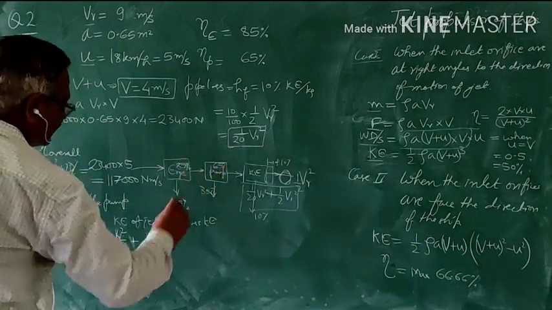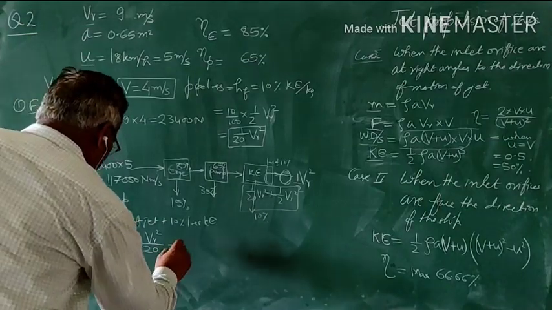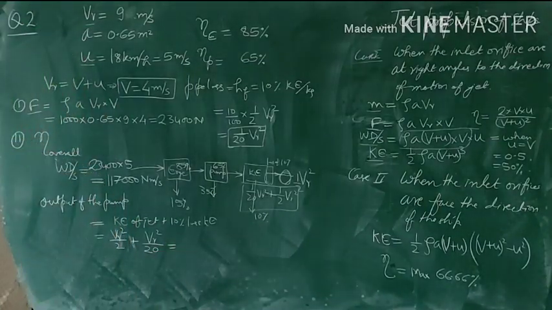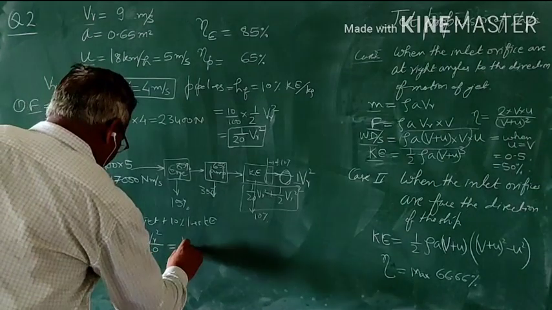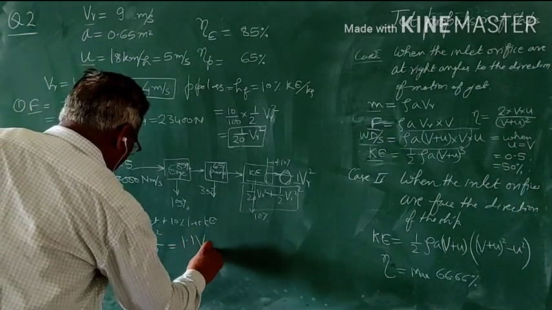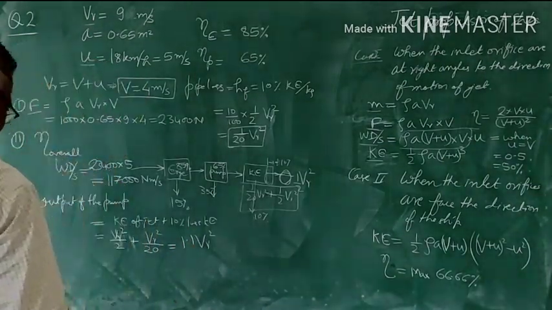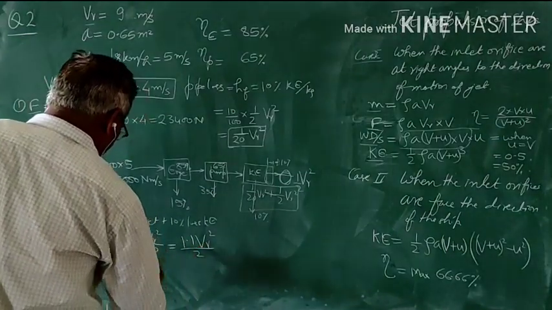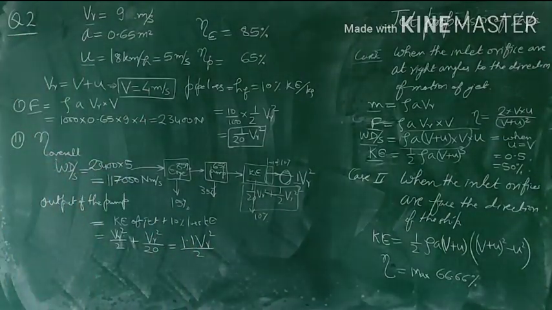This we have calculated here. So this must be equal to this one. So if you solve this, it will be 1.1 Vr square by 2.